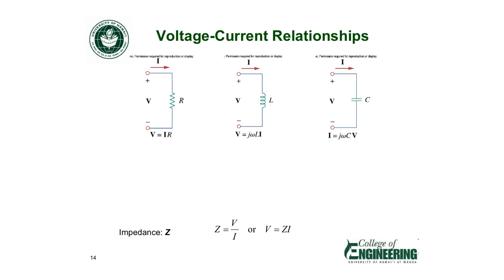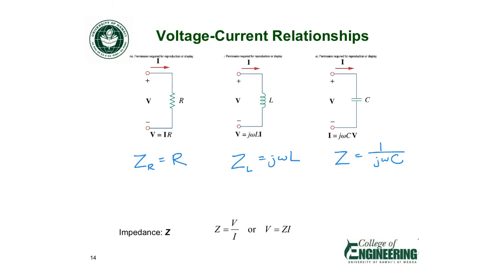Okay, so the impedance of a resistor is R. The impedance of an inductor is j omega L, and the impedance of a capacitor is 1 over j omega C. This definition of impedance also will tell us what we already know.